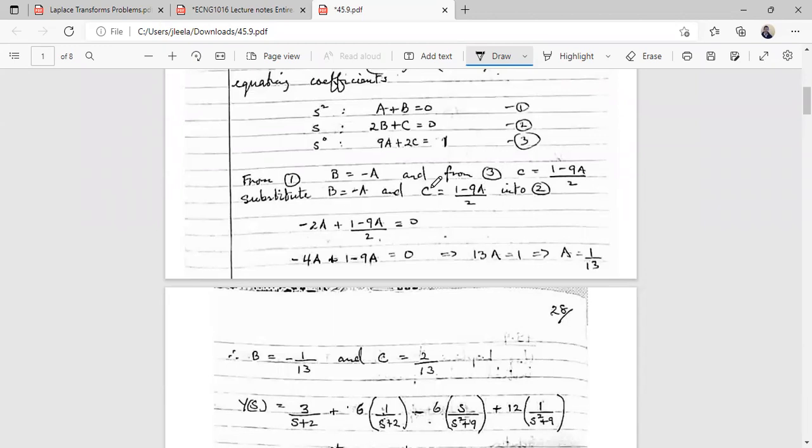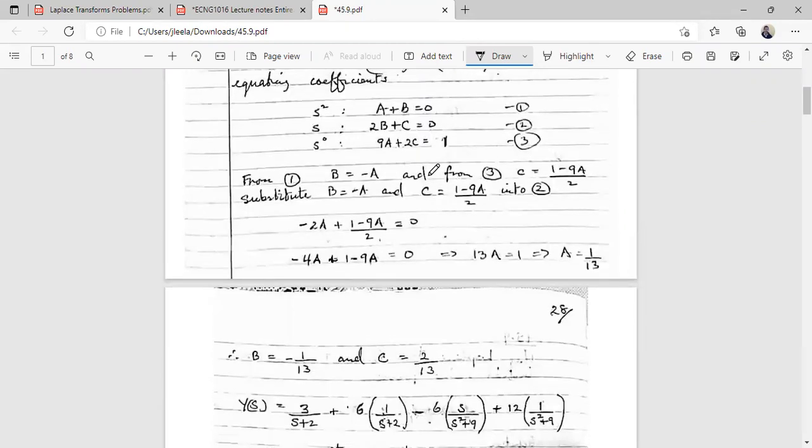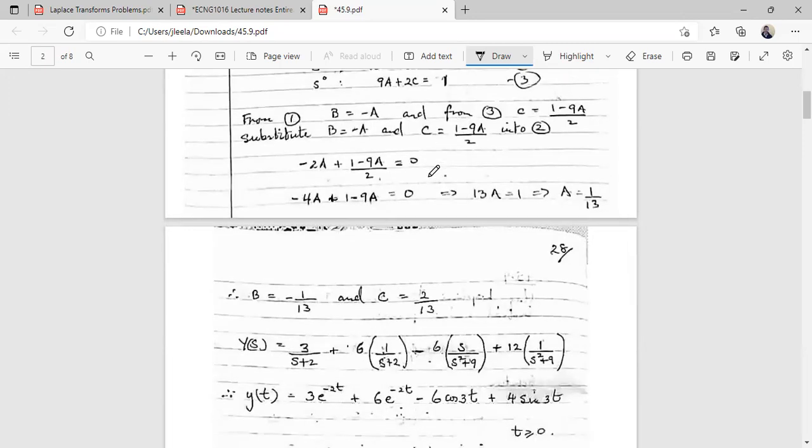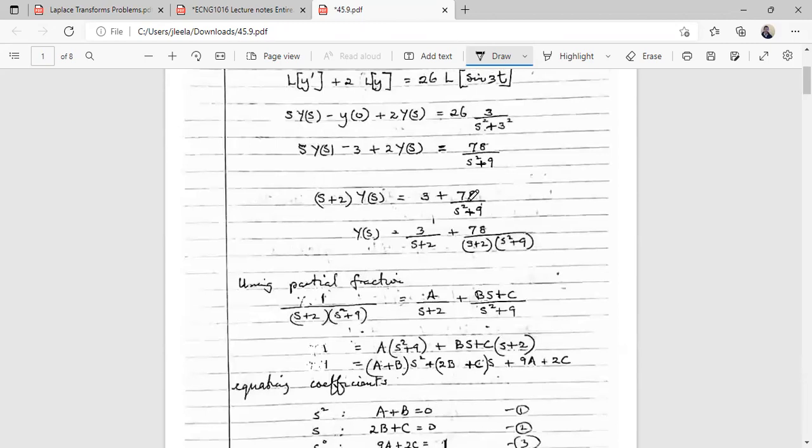And if A is 1 over 13, B had to be minus 1 over 13, right? Because A plus B is 0. And then C had to be 2 over 13. I remember now, we had 78 to cater for, because this was 78 here. When we took the partial fraction breakdown, we had 1.